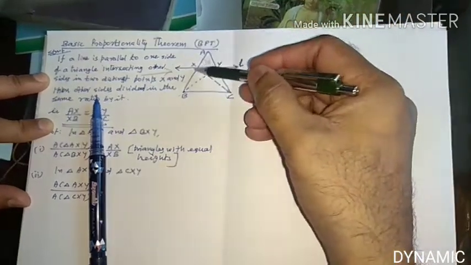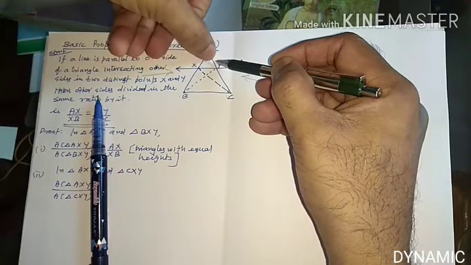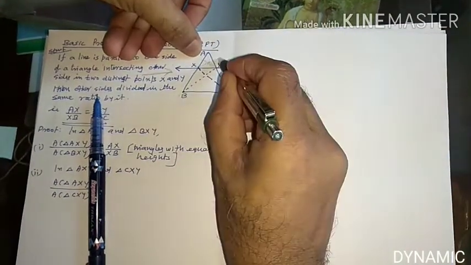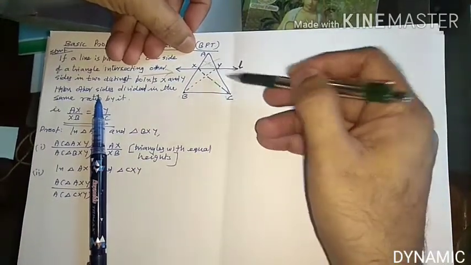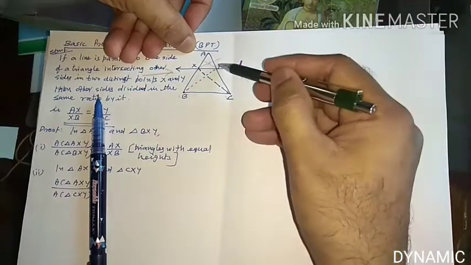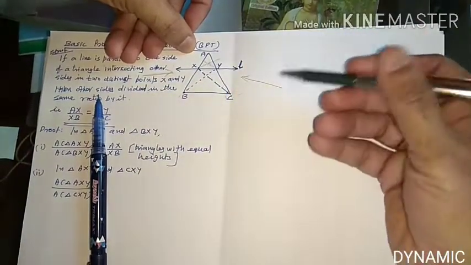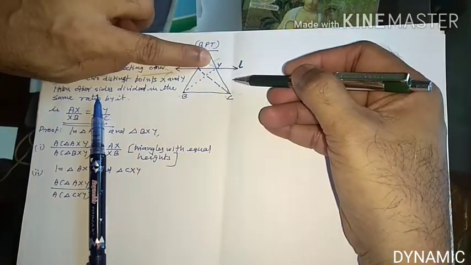So for triangle AXY, the base is AY, so the height is from X, like this perpendicular. For triangle CXY, the base is CY, so the height is from the third vertex, again the same thing.